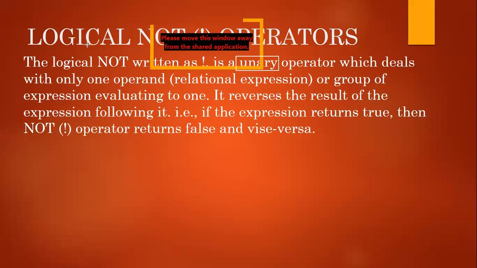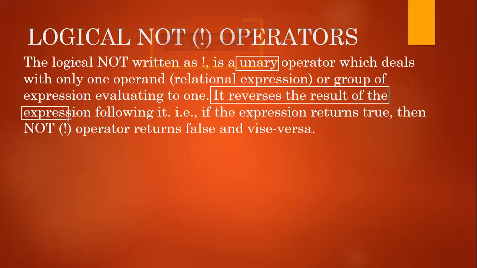And how does it work? The very important thing you have to remember about logical NOT is it reverses the result of the expression following it. Whatever expression is following it, it will reverse. Reverse means it will make it exactly opposite.